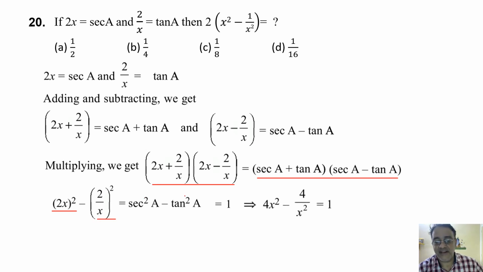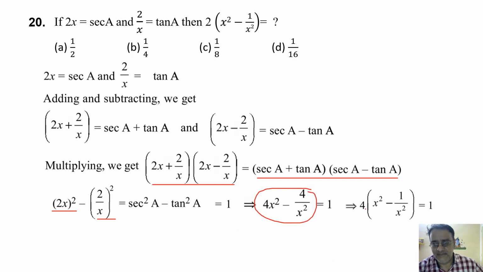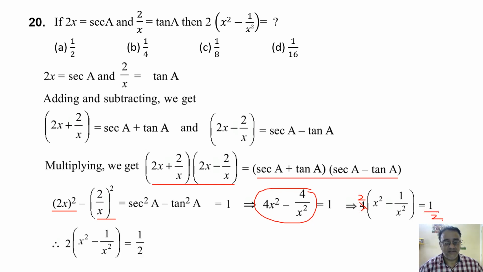Now what can we take common from these two? 4. We can take 4 common, right? Okay, here leaving 2 and taking 2 to the other side, we'll get 1 by 2. Any doubt? No, sir. Which option is the correct one? Option A. Option A.